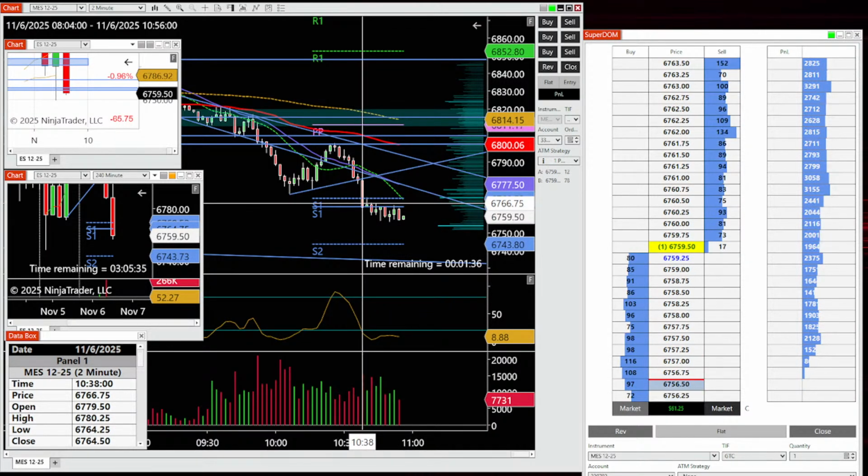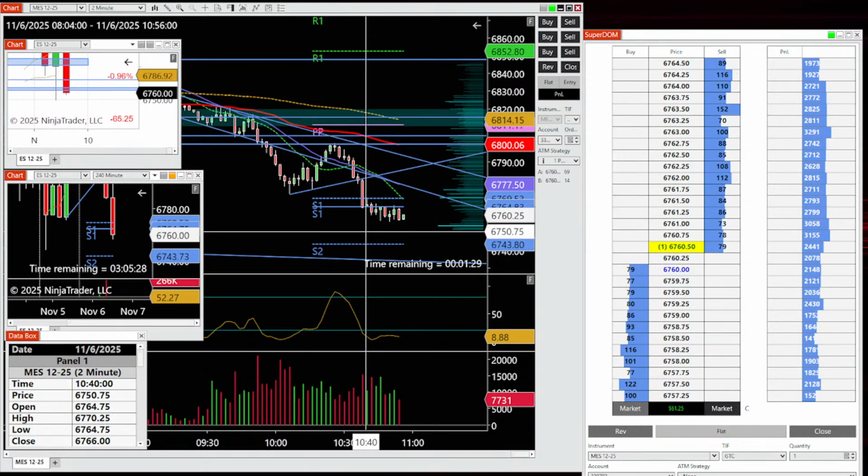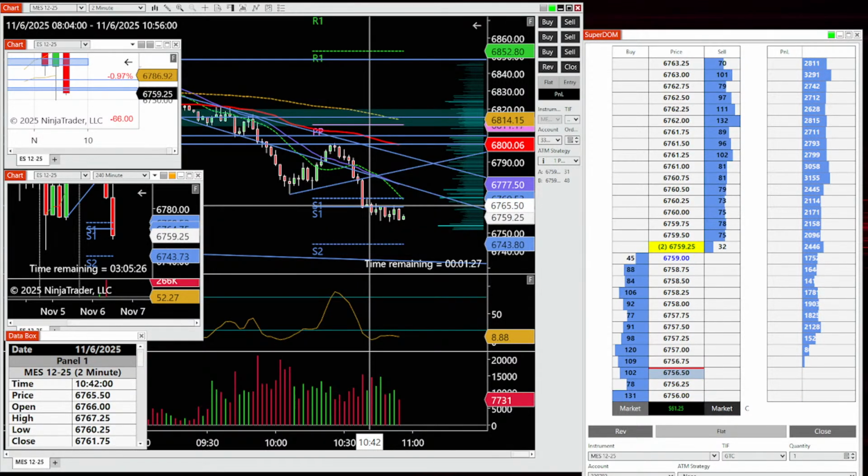Just consolidating in this area under S1. Coming back, testing S1, rejection.